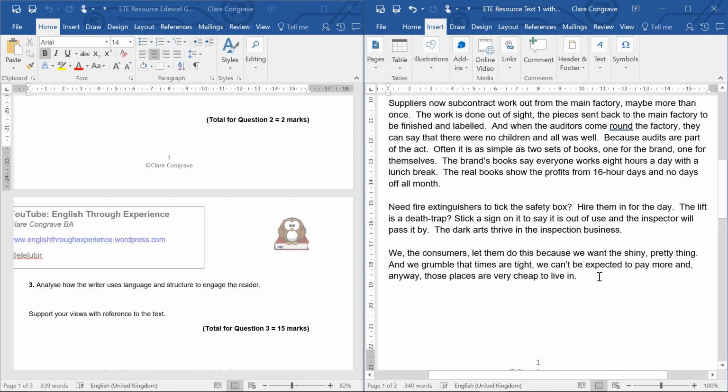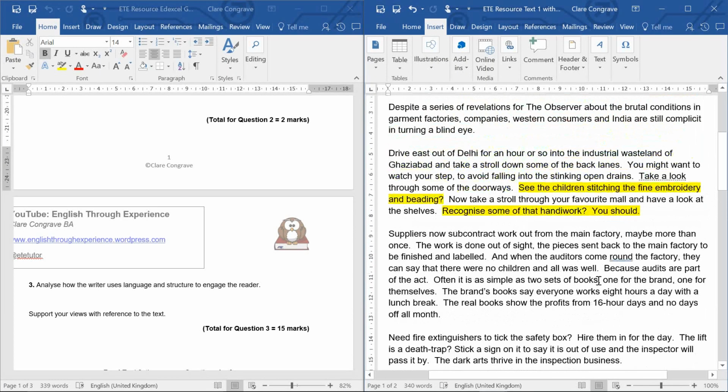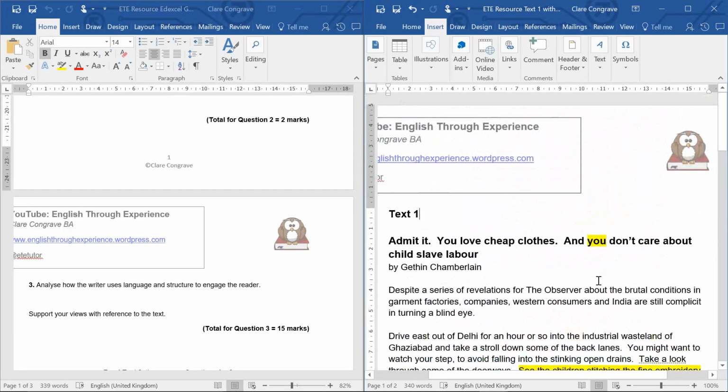So overall you can really see that the piece is quite accusatory in nature and quite aggressive in its tone.